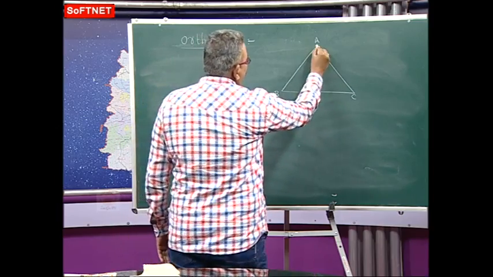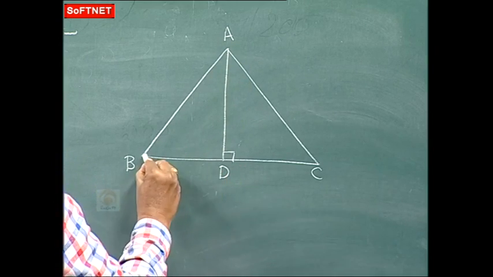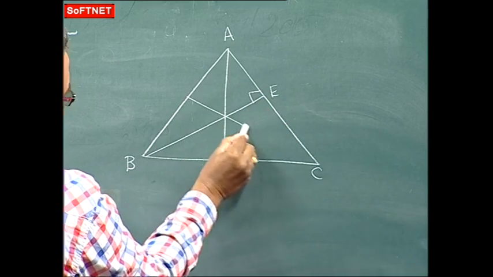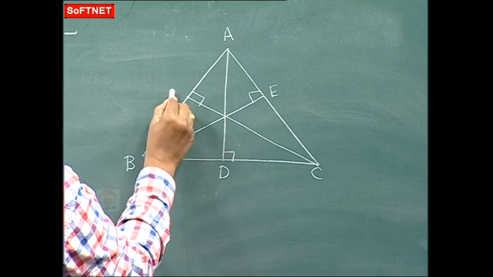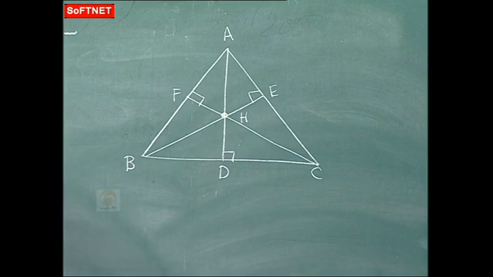Now AD, BE, CF are altitudes, this is H. Very interesting.